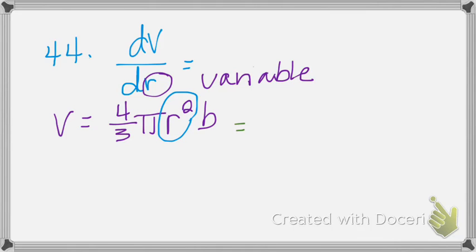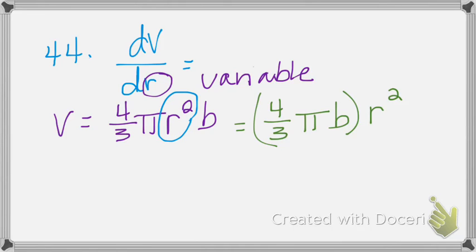Like I would probably rewrite it as 4/3 pi b, because all of that's a number, times r squared. So then to find the derivative, I know I'm going to do 2 times all of that, which is 8/3 pi b times r, and then subtract 1, so it's just to the first power.